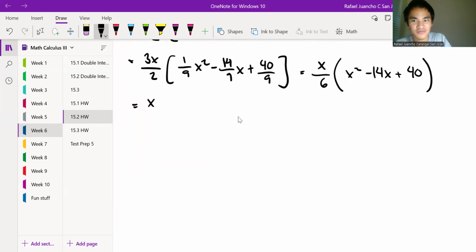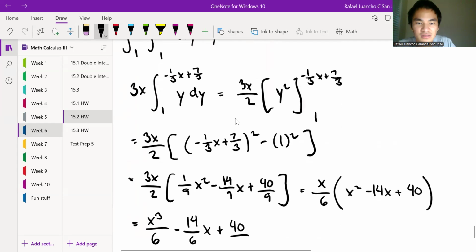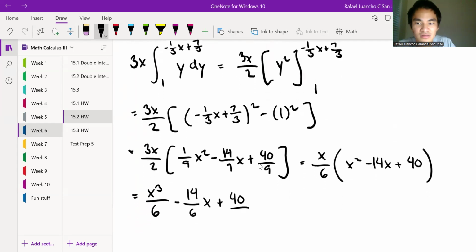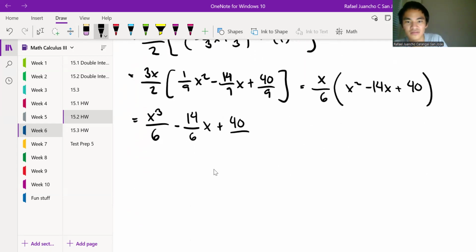So here I have x cubed over 6 minus 14 over 6x plus 40 over 6. Wait a minute. Did I? Okay, no, I didn't. 40 over 6x. And I can simplify. So I divide this by 2, right?